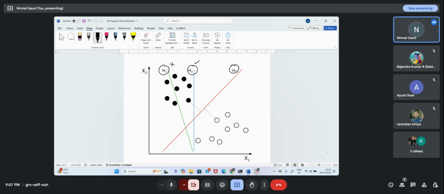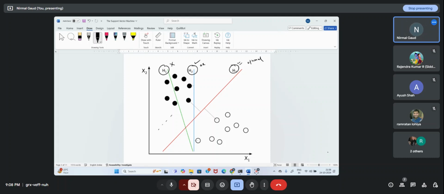H2 is okay. It is correctly classifying black from white. So it is okay, but it is not optimal. It is okay but not optimal. H3 is optimal. Why?